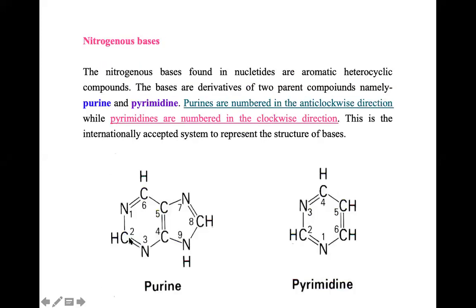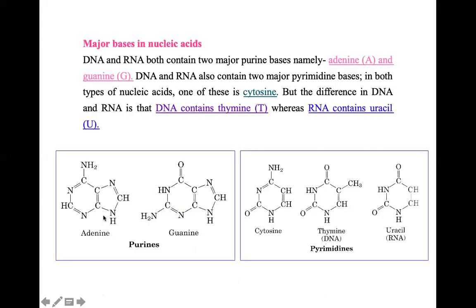And for nitrogen bases in DNA and RNA, two types are present: purines and pyrimidines. For example, purines are mainly adenine and guanine, and the pyrimidines are cytosine, thymine, and uracil. But in the DNA structure, we find only adenine, guanine, cytosine, and thymine.